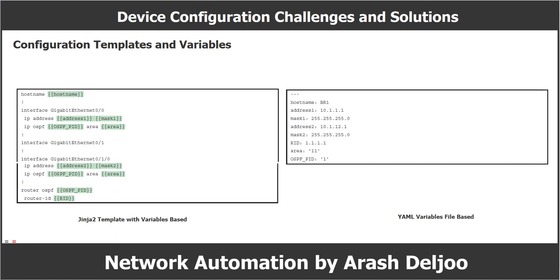After that, to supply the values for a device, Ansible calls for defining variable files using YAML, as you can see in this figure. The file shows the syntax for defining the variables shown in the complete configuration that you have seen in the previous example: hostname, address, mask, address, mask2, RID, area, and OSPF PID.